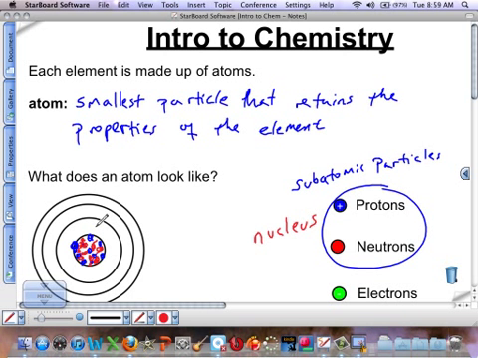You have this very massive piece in the middle and all these really light things surrounding it, and they're held in orbit. Each one of these is called an electron shell. What's important for you to understand is that these shells can keep going out forever and ever.